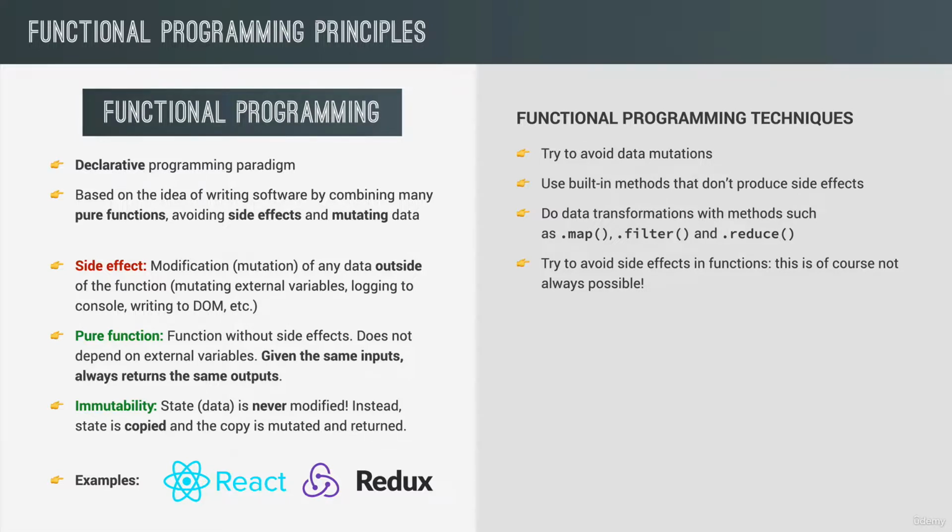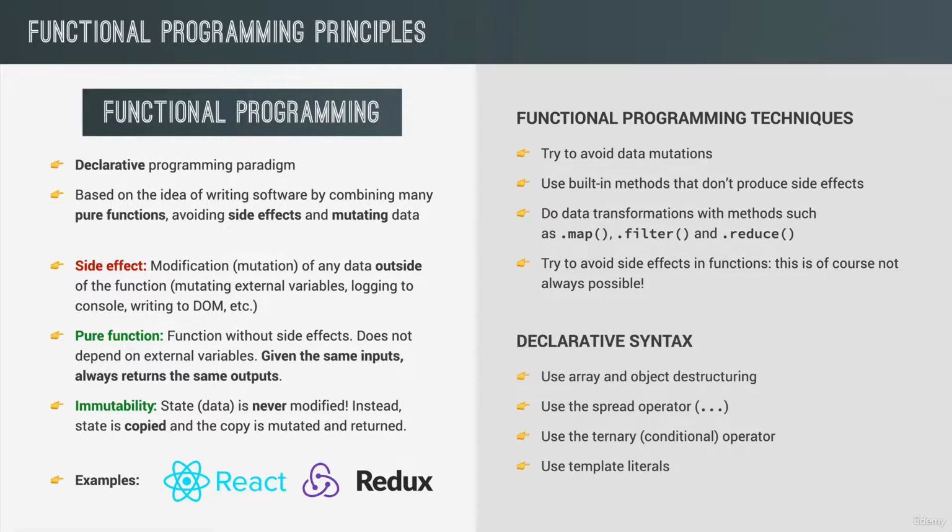And now to finish, let's come back to declarative syntax, because functional programming is only a part of using and writing declarative code. So in order to write code that is more declarative, you should use array and object destructuring whenever that's possible. You should also use the spread operator, the ternary operator, and also template literals whenever that is possible.